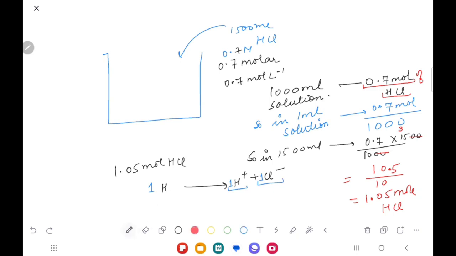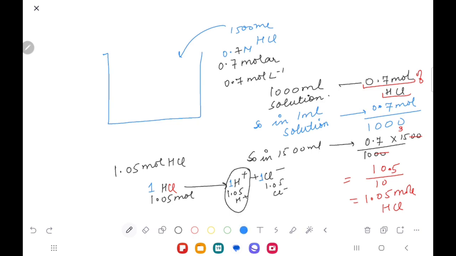Just tell me, isn't it? 1 mole of HCl shall give me 1 mole of H plus and 1 mole of Cl negative, isn't it? What does that mean? That 1.05 moles of HCl shall give me 1.05 moles of H plus and 1.05 moles of Cl negative. I am concerned with only H plus.